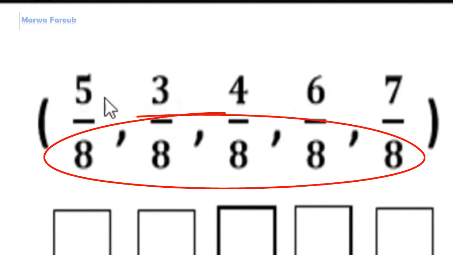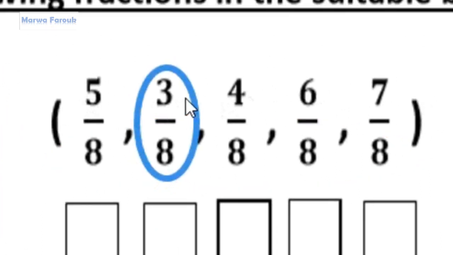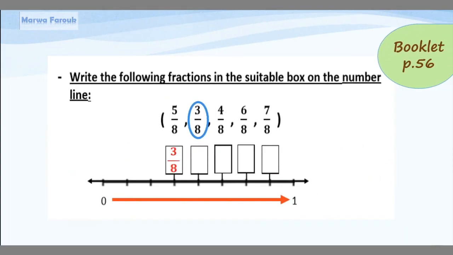So we will look to the smallest number here, which is 3/8, and I will write it first. Then after that we have 4/8, and I will write it. The next one will be 5/8, and I will write it. And 6/8, and I will write it. And the last one will be 7/8, and I will write it.